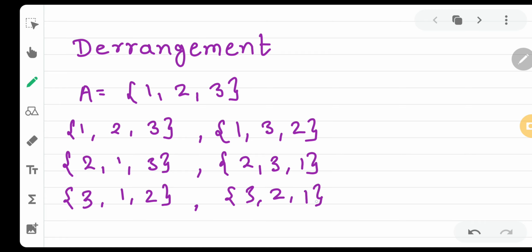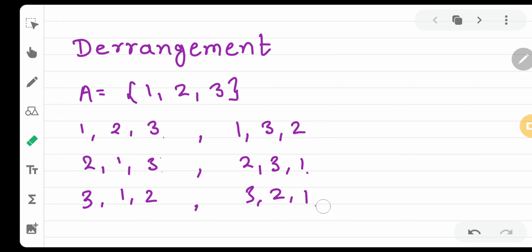Okay, so we are talking about the arrangement of elements. So now forget the set property, the set bracket. We are rearranging the elements of the set. Okay, so 1, 2, 3, 1, 3, 2, 2, 1, 3, 2, 3, 1, 3, 1, 2, 3, 2, 1 are all different arrangements, right? So there are total 6 arrangements.